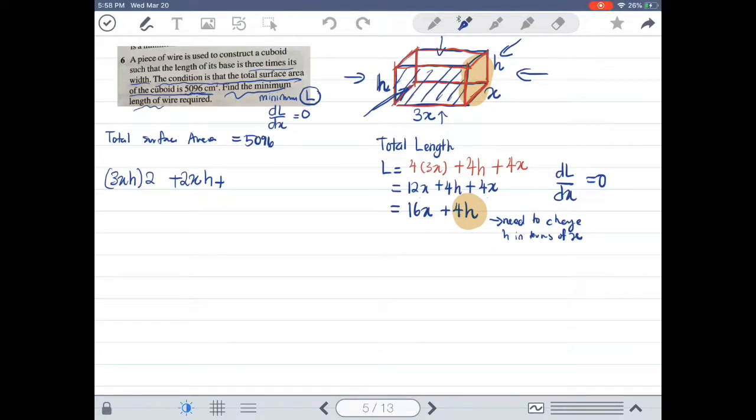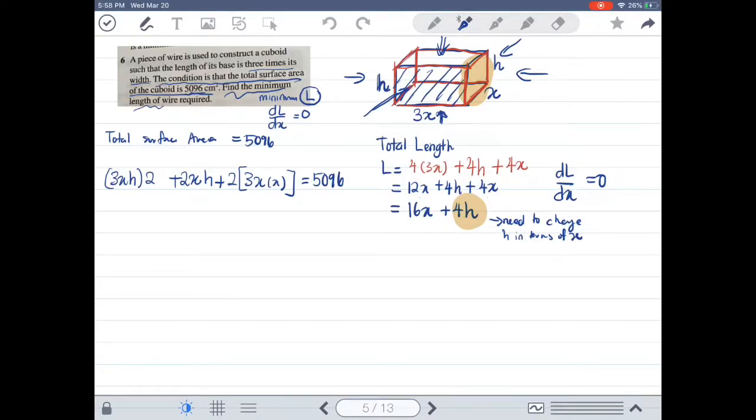The bottom area should be 3x times x, and we have 2 because it's top and bottom. The total surface area is equal to 5096.